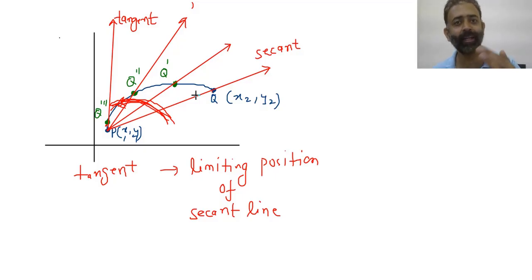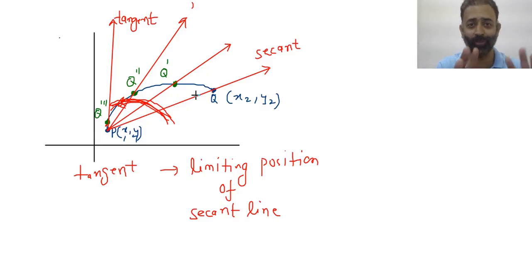Similarly, this secant line is approaching, this point Q is approaching closer to point P, and once this is done, the secant line becomes the tangent line. And this idea changes the whole branch of mathematics, and all other branches also developed.